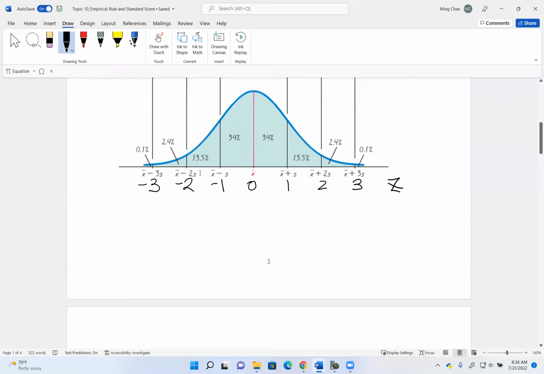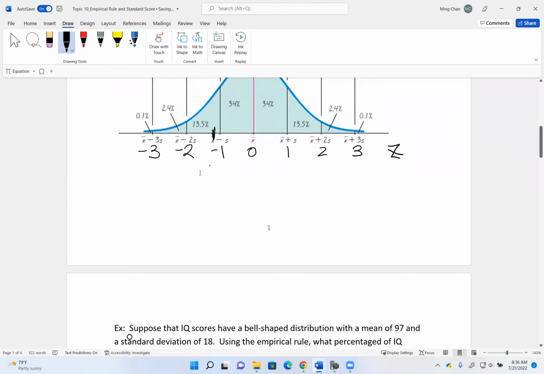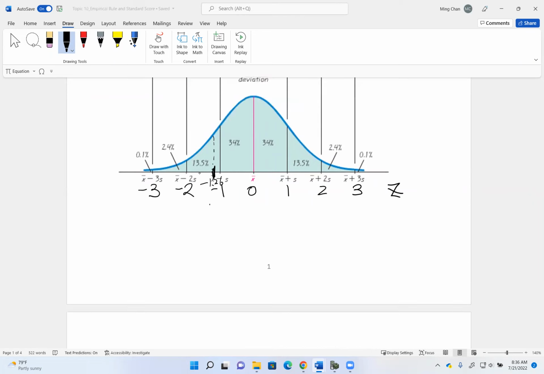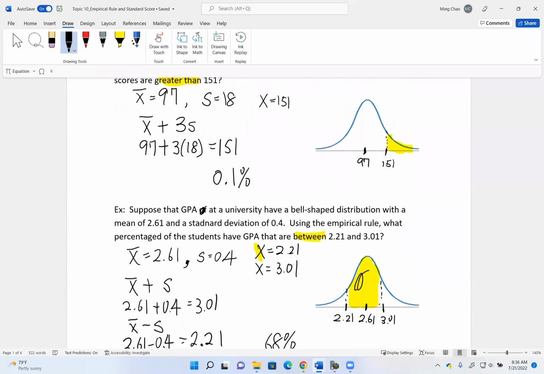So you ask, Mr. Chan, how do you find the percentage of those numbers if it's not exactly 1, 2, or 3 standard deviations away? If negative 1.26 is right here, how do I find the percentage to the right or to the left of it? Well, that's why we have another topic to introduce how to do that. So stay tuned.